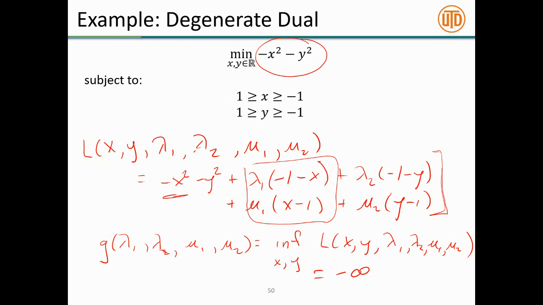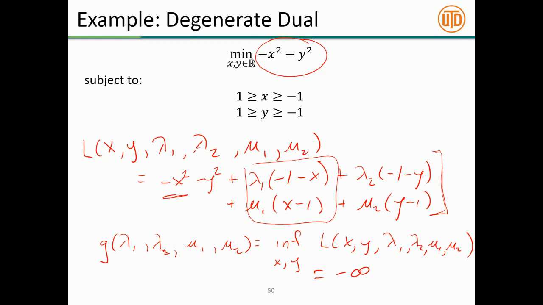So like I was saying before we did these examples, one of the weird features of this duality thing is it really does depend on the presentation of the constraints. So I'm going to slightly tweak this optimization problem. I'm going to write it in a slightly different form.